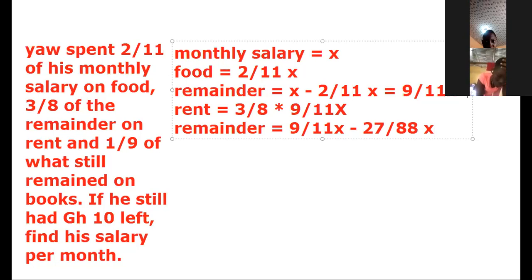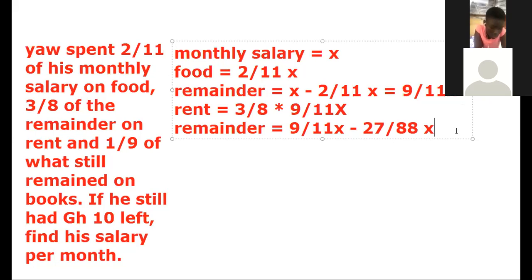Is that okay? Any question up to this moment? I hope you are writing it down, because if I finish, it will be something on the screen. Any question? Okay, so if there is no question, let's continue.